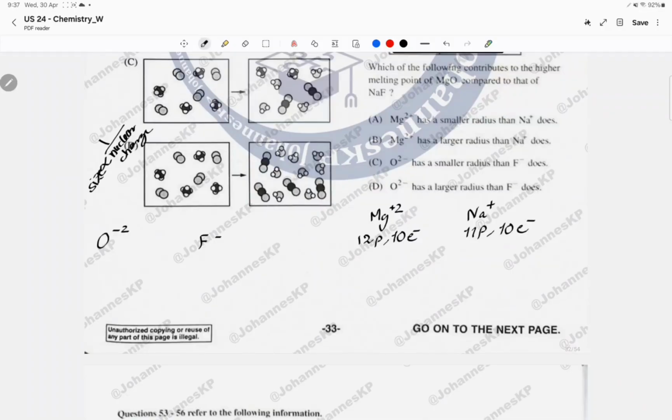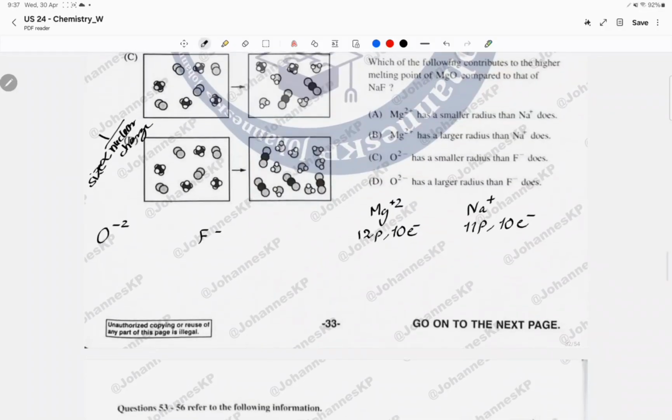Okay? So how do you find the effective nuclear charge? Put the protons on top, put the electrons in the bottom. This will be more. So the effective nuclear charge of Mg2 plus is more. If the effective nuclear charge of Mg2 plus is more, that results in less radius for Mg2 plus. And so the answer is going to be choice A.